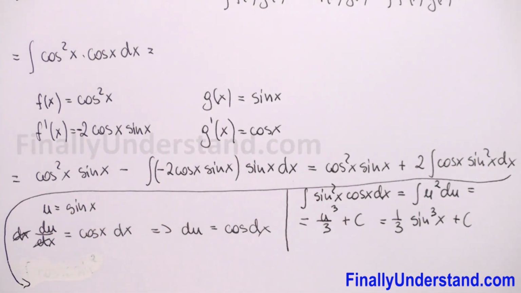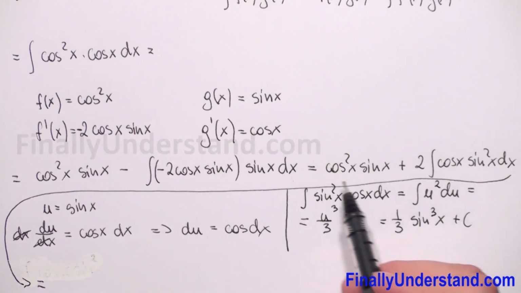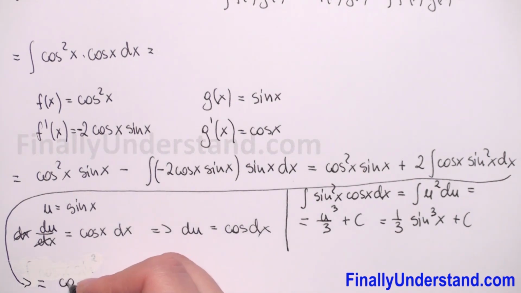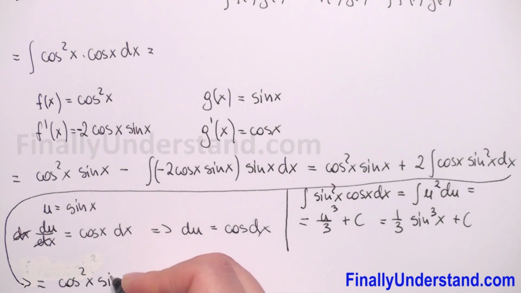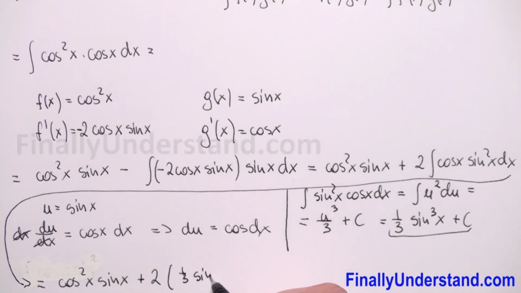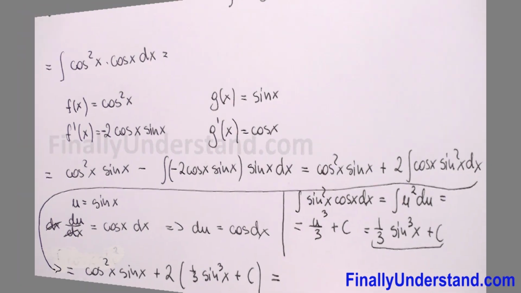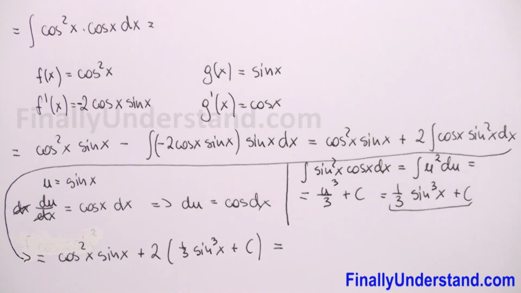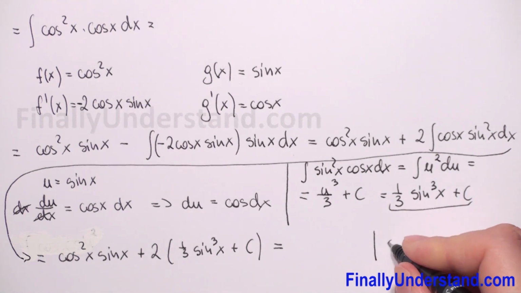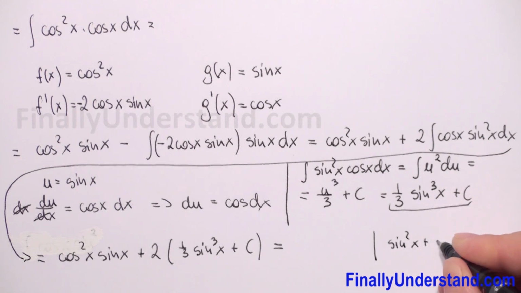So our integral, we will put now here. This is equal, the beginning we need to copy: cosine of x times sine of x plus 2, and this part we have to just replace by 1/3 sine cube of x plus constant c. So this is equal. We have cosine square here. We know that sine square of x plus cosine square of x is equal 1.